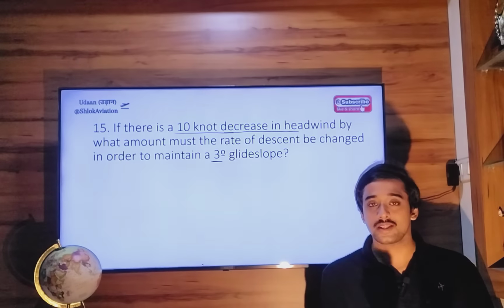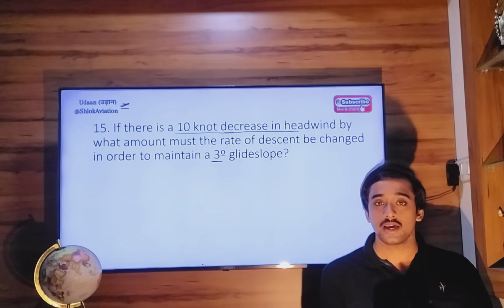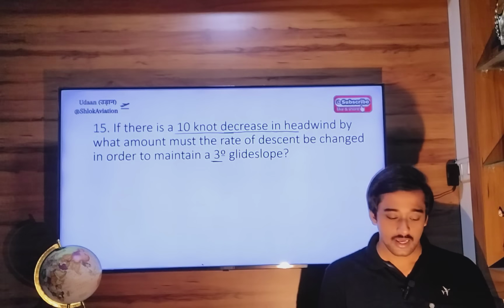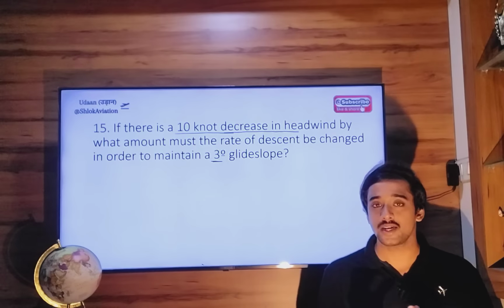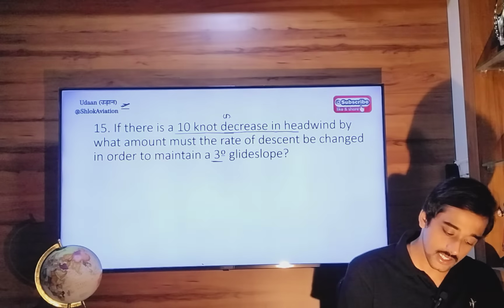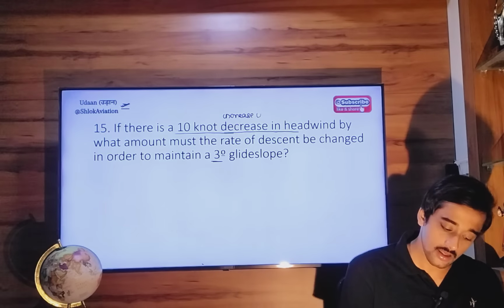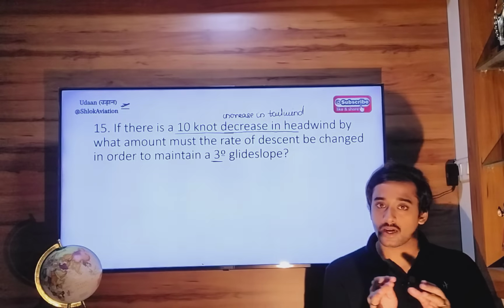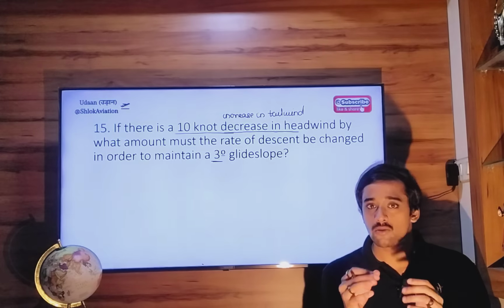Now, so far we have been tackling questions which involved an increase in headwind component. Now in this particular question there is a decrease in headwind component, which can also be expressed as an increase in tailwind component. A decrease in headwind component is nothing but an increase in tailwind component.